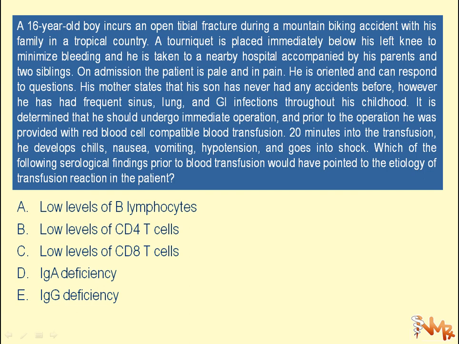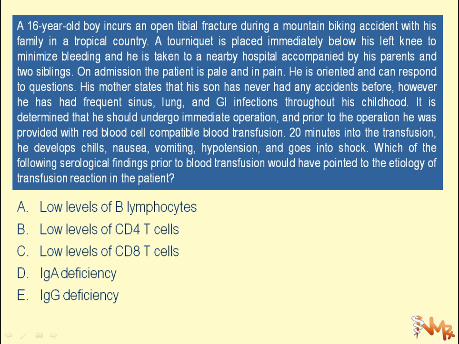Which of the following serological findings prior to blood transfusion would have pointed to the etiology of the transfusion reaction in this patient? Low levels of B lymphocytes, low levels of CD4 positive T cells, low levels of CD8 positive T cells, IgA deficiency, or IgG deficiency.